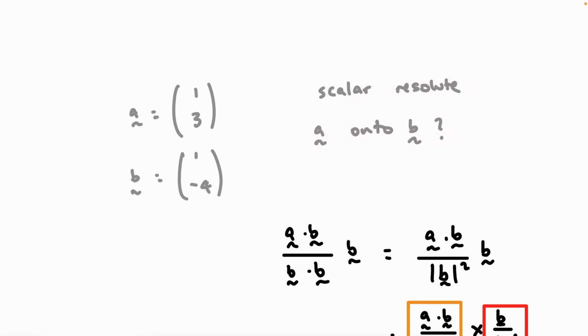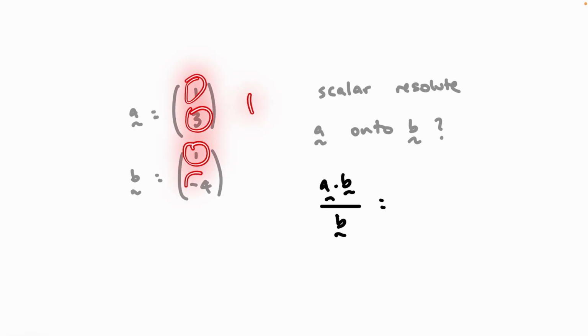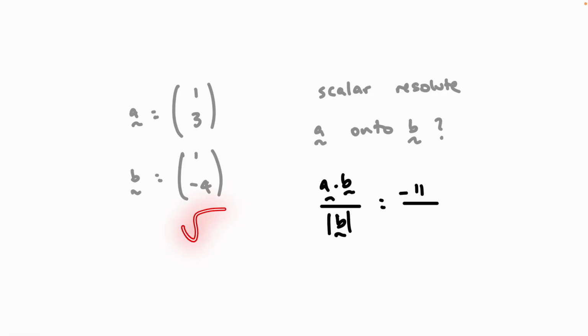In this question, that would simply be the same as a dot b divided by the magnitude of b. So let's work that out. A dot b in this case, so that's 1 times 1, that's 1. 3 times minus 4, that's minus 12, that's minus 11. Divided by the magnitude of b. And the magnitude of b in this case is simply the square root of 17.